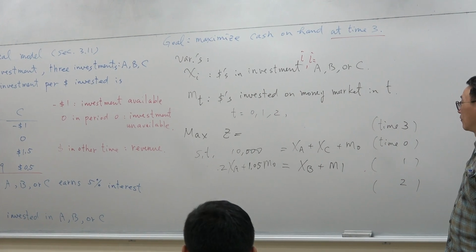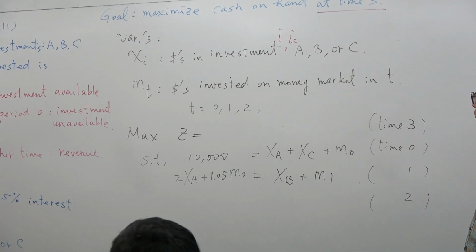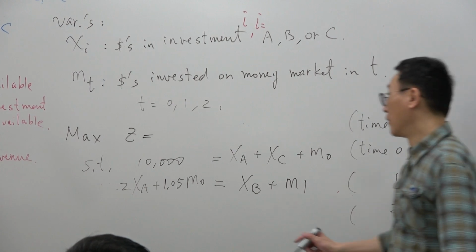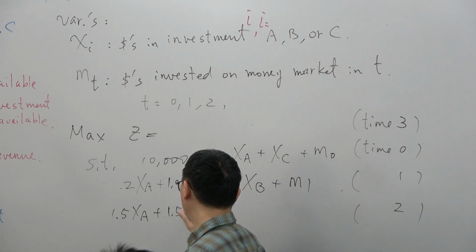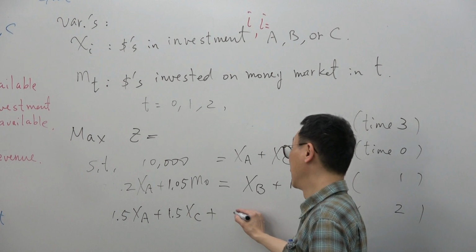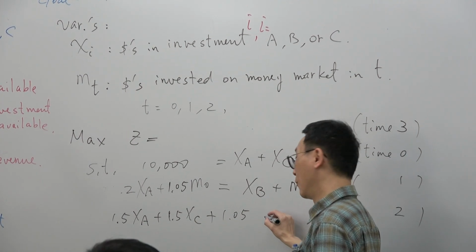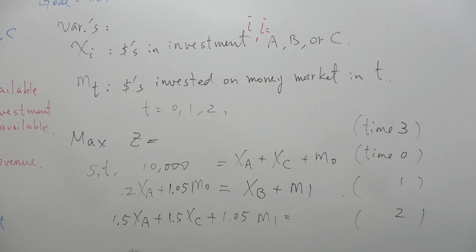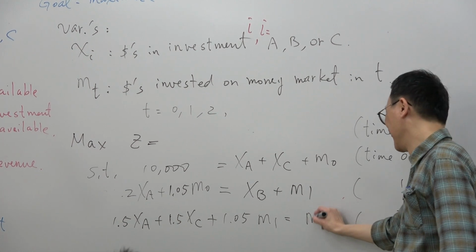So how about time 2? 1.5 XA and 1.5 XC and M1 equals M2.